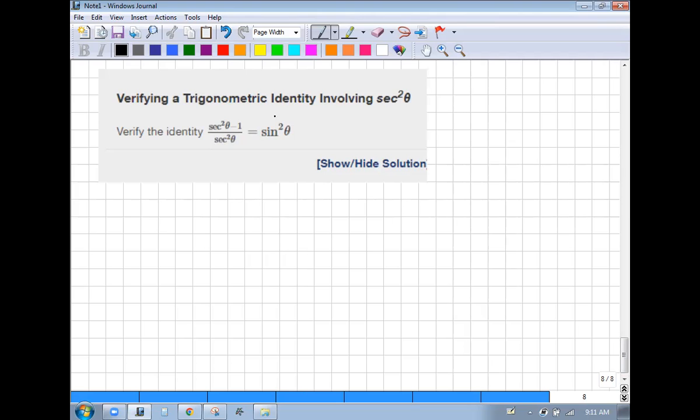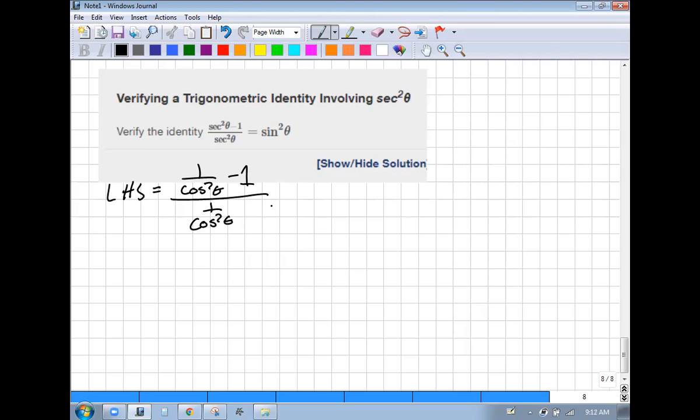If I changed out secant for cosine on my left-hand side, now I have fractions over fractions. It's not any more simple, is it? So maybe that might not be the best step to go. We could still do it.